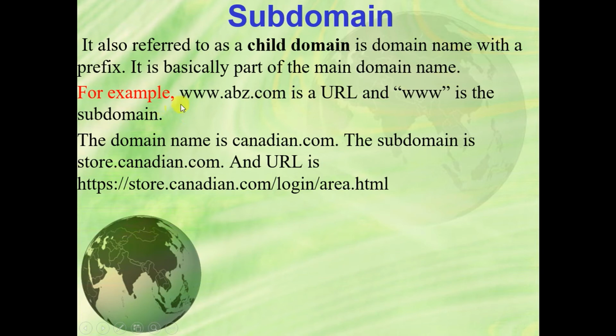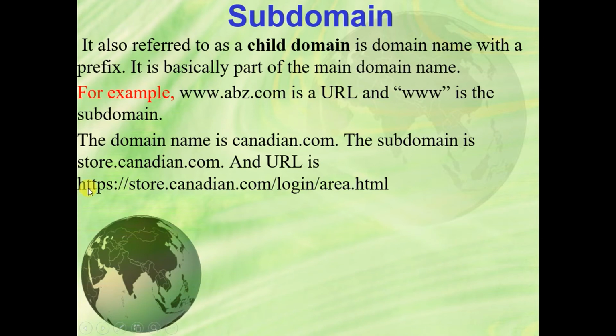For example, www.abz.com is a URL and www is the subdomain. It means that a part of the domain is called a subdomain.